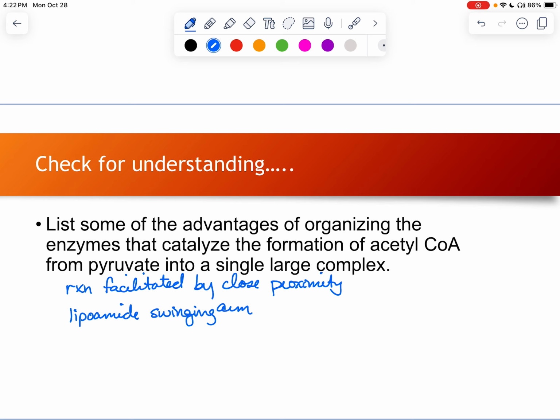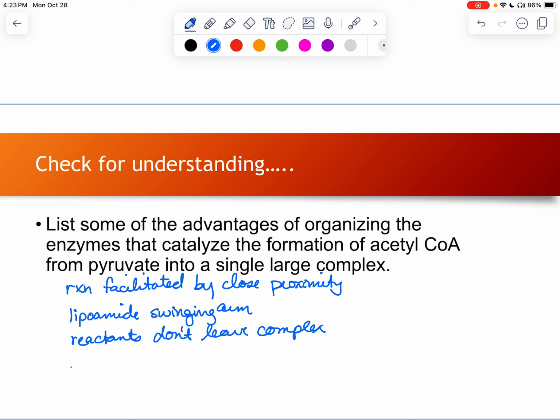Reactants don't leave the complex, so they're kind of isolated in here if you think about it. They're shuttled from reactive site to reactive site, so this is going to reduce side reactions that might have occurred if it was out in the general area, so it's more efficient.